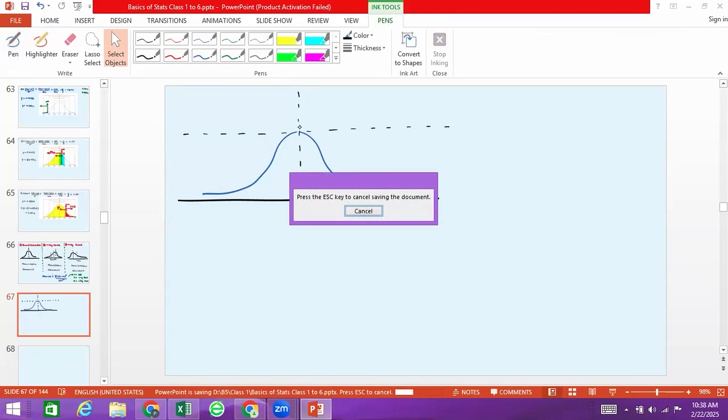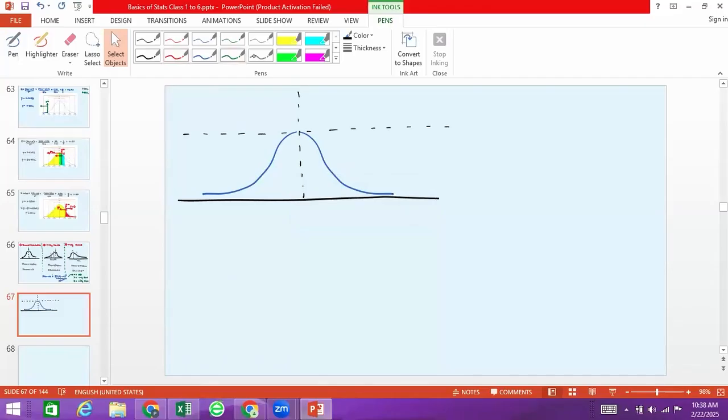Now your normal distribution is not normal because it is not symmetric around the mean. If you focus just on the peak, you will see that the peak will move towards the right hand side in case of positively skewed data.